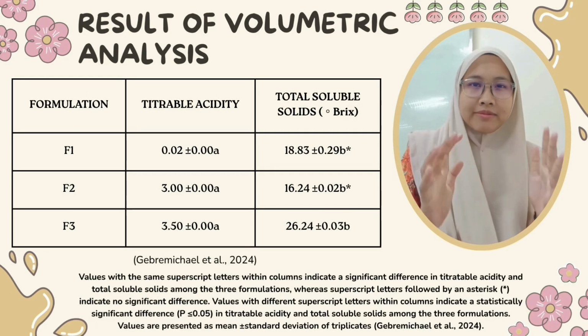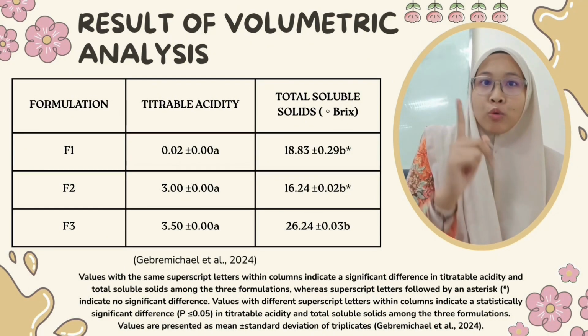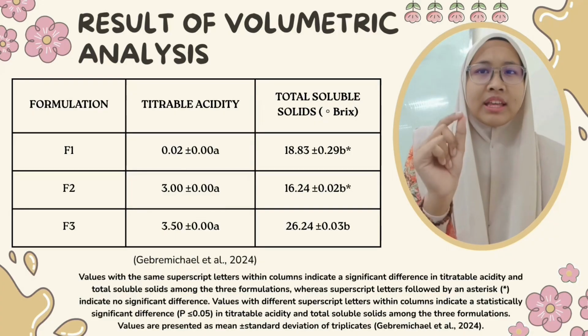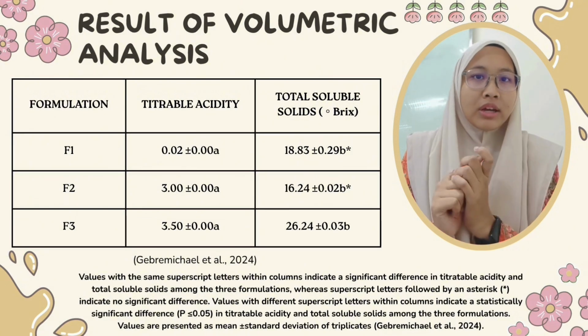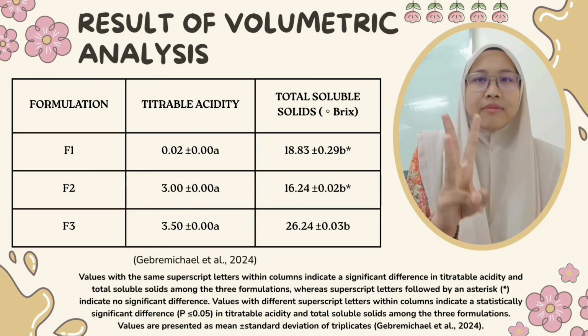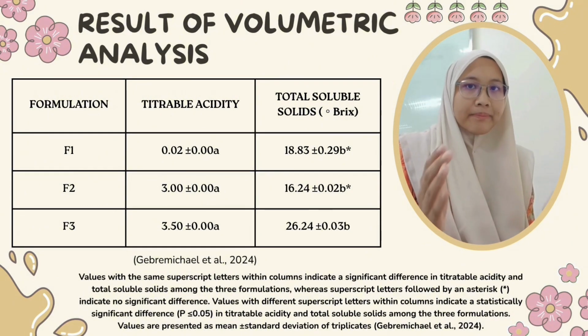Now that we have covered our lab workflow, let's dive into what these numbers actually mean. When looking at the data, our main goal was to find out which formulation gives the most stable, highest quality product, where the research team tested 3 variations by adjusting the honey-water ratio and the amount of Gesho added.